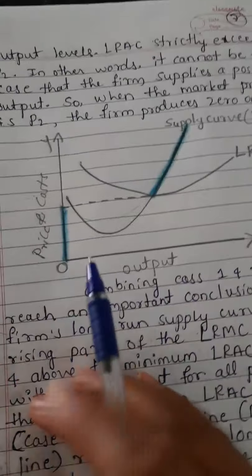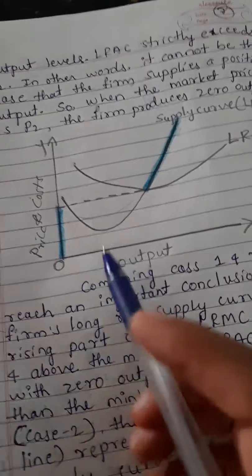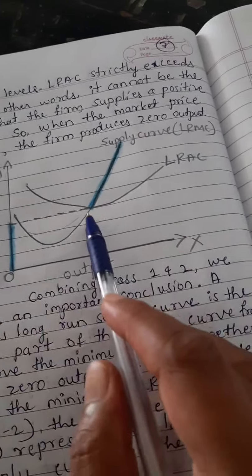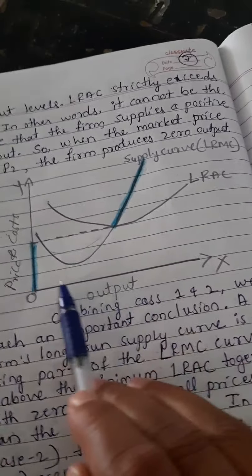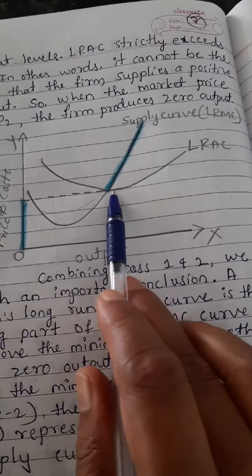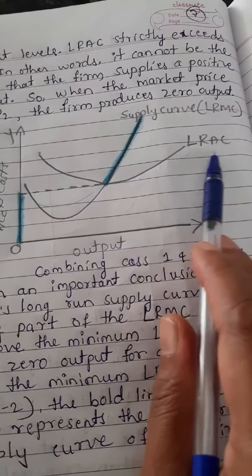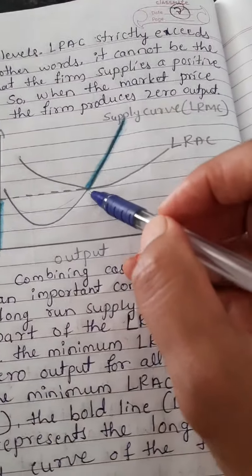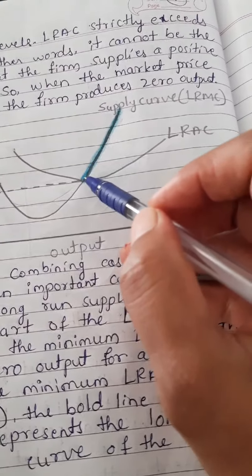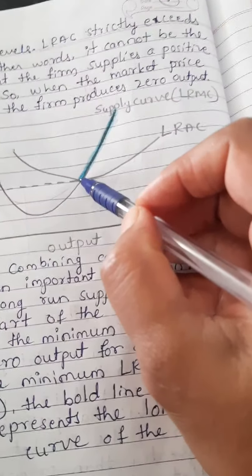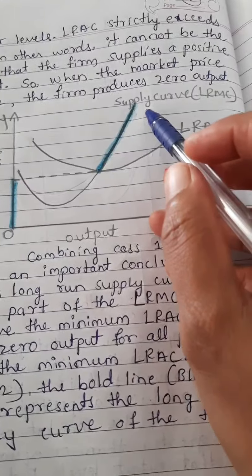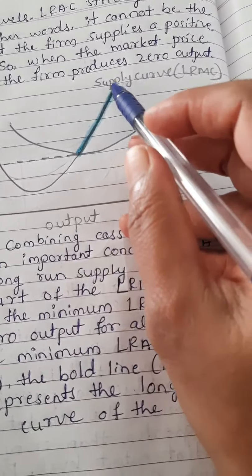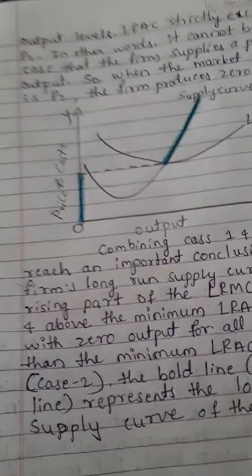Here we can see this intersect point of both. If we take a price less than the minimum, there is no production, equal to the price at the LRAC and LRMC equal point. From the equal point to the intersect point of LRAC and LRMC to the last point, it is called the supply curve here.